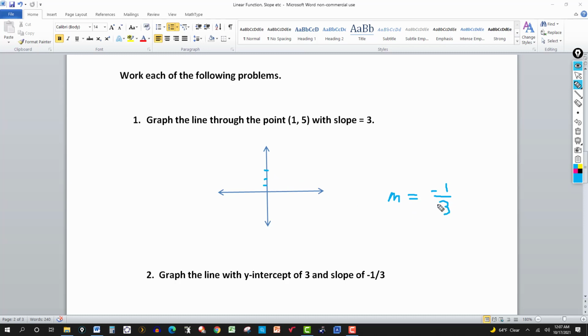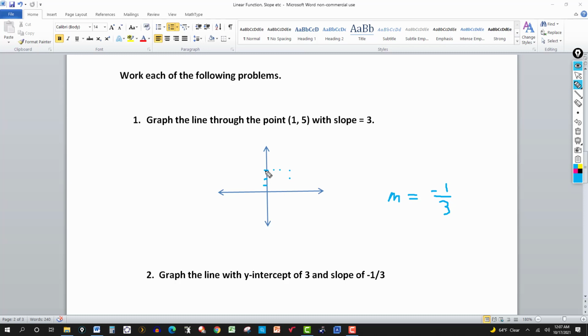If you put the negative with the 3, then you go the other way when you do the horizontal run. But this way, I just leave it and say, okay, I'll go 3 this way, and the rise in this case is the -1, so it comes down instead of going up. So it goes like this, 1 down. That point should be on the line.